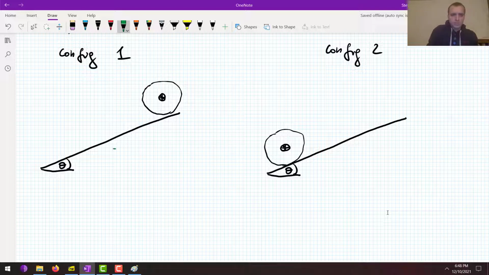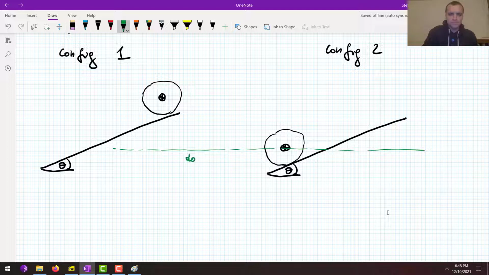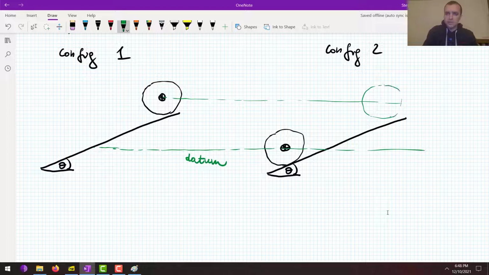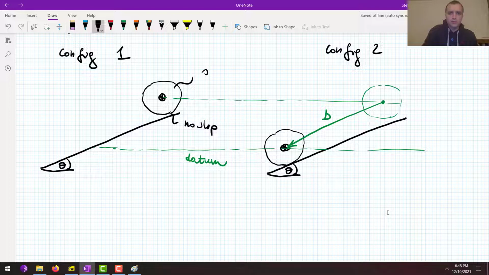You can probably clearly see that this will be distance b. And we have no slip. It starts from rest.